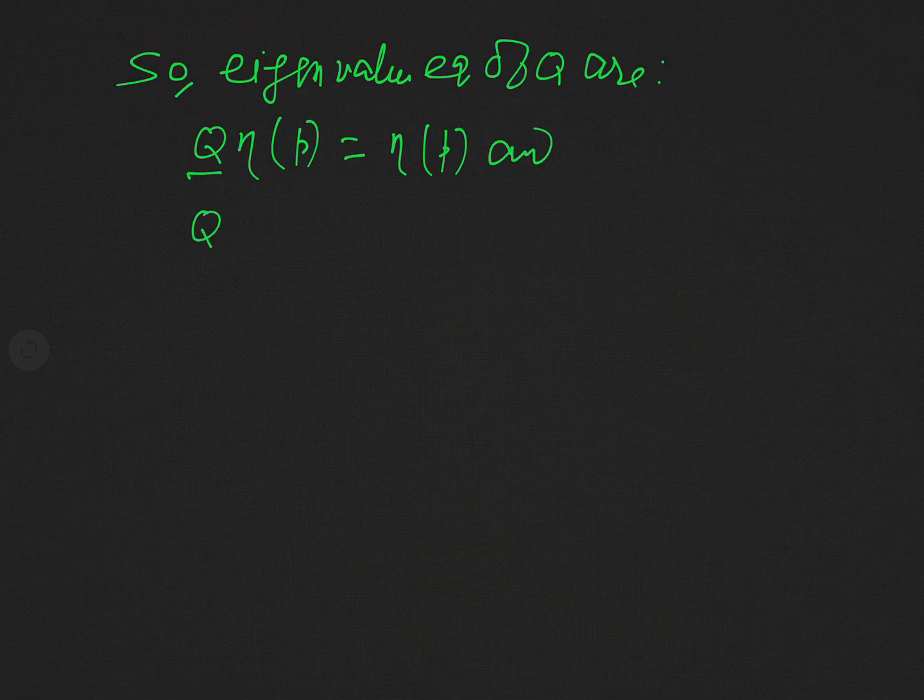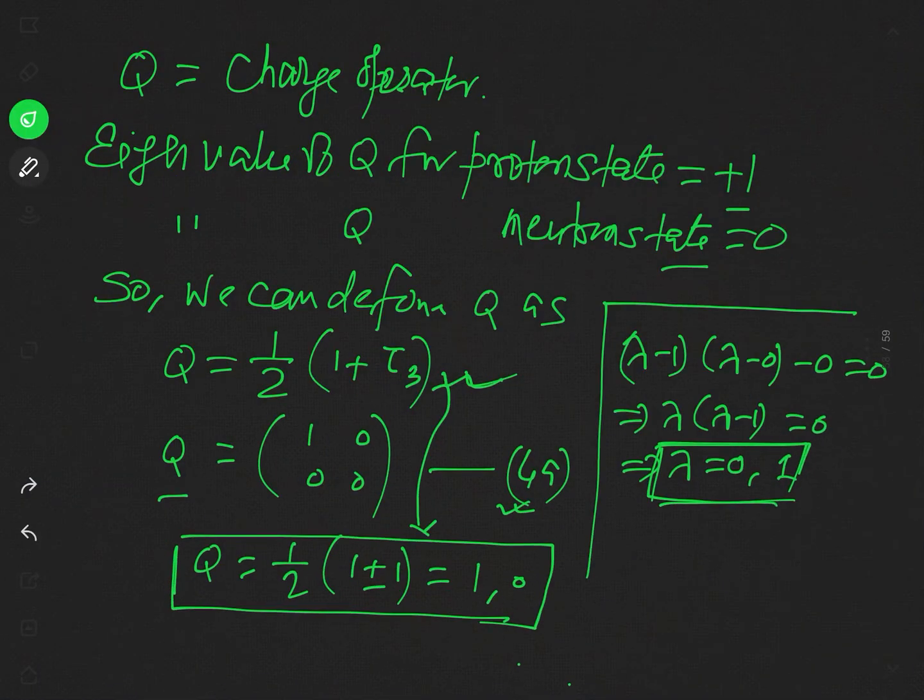And Q eta n: we know the eigenvalue of this operator Q for neutron is 0, and so 0 times eta n will be simply 0.